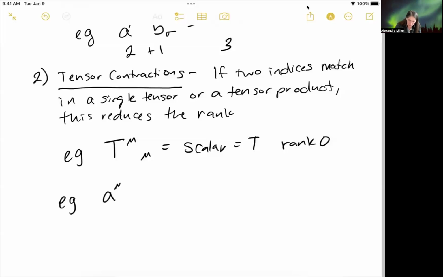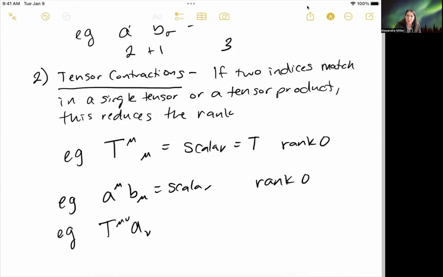Or if we have A mu B mu, this also is a scalar, which is rank 0. Or maybe we have T mu nu, A nu. Then this looks like some object, I'll just give it some other name, C mu, which is rank 1.